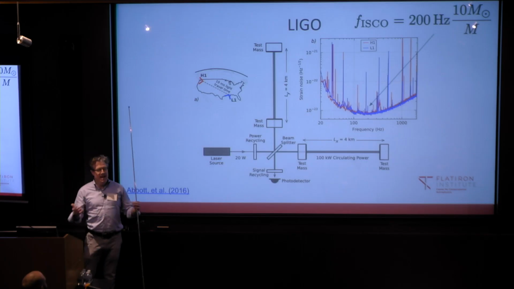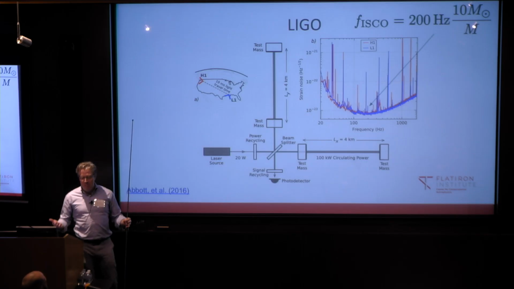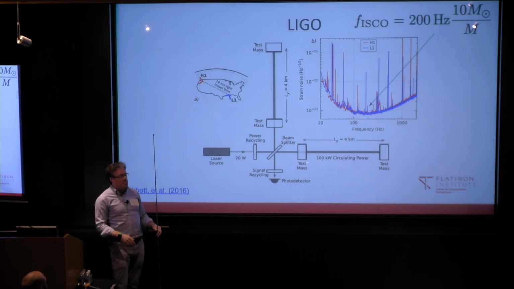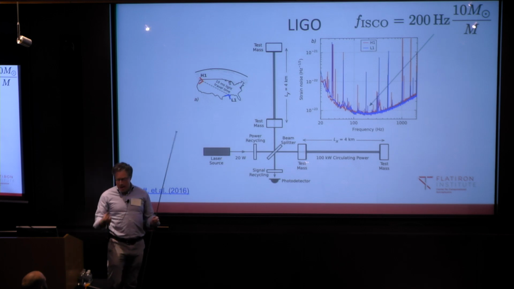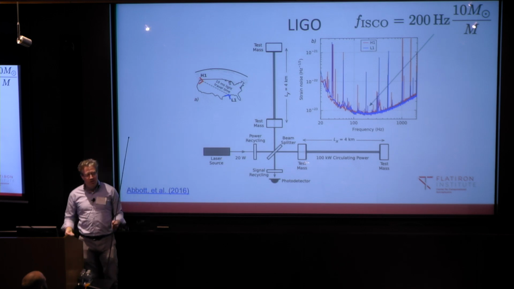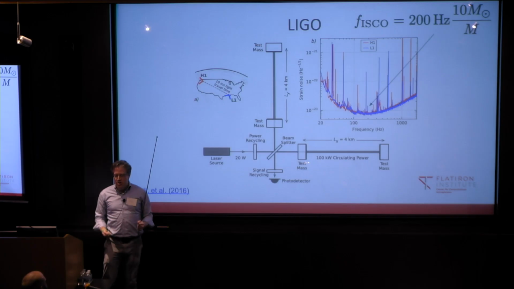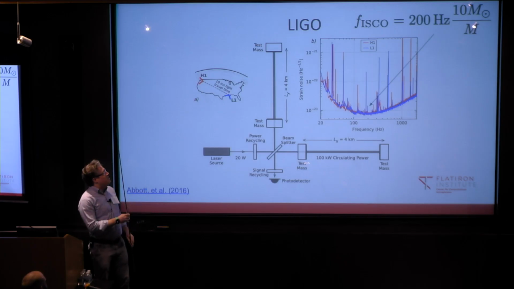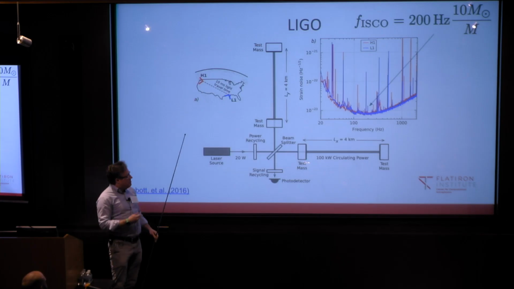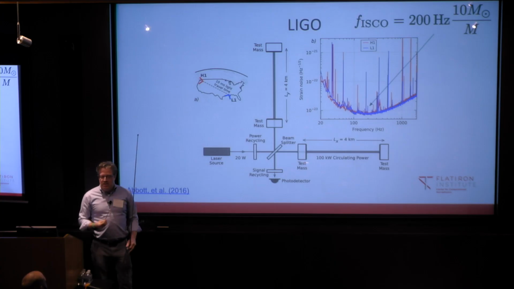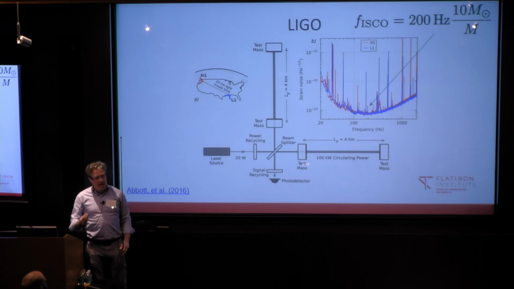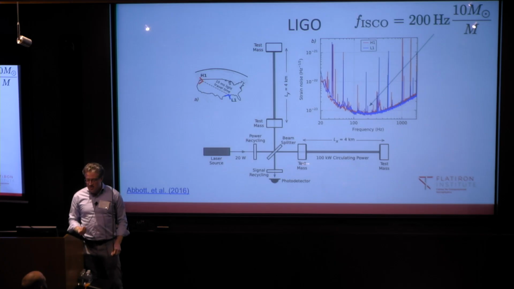LIGO detects the sources that it does because in order to make gravitational waves, you have to accelerate masses. You have to have a time variable quadrupole moment. The easiest way to do that is to take compact objects and put them in a binary orbit. Gravity does the acceleration for you. If you ask, what is the gravitational wave frequency emitted by two 10 solar mass black holes in their final stable circular orbit?